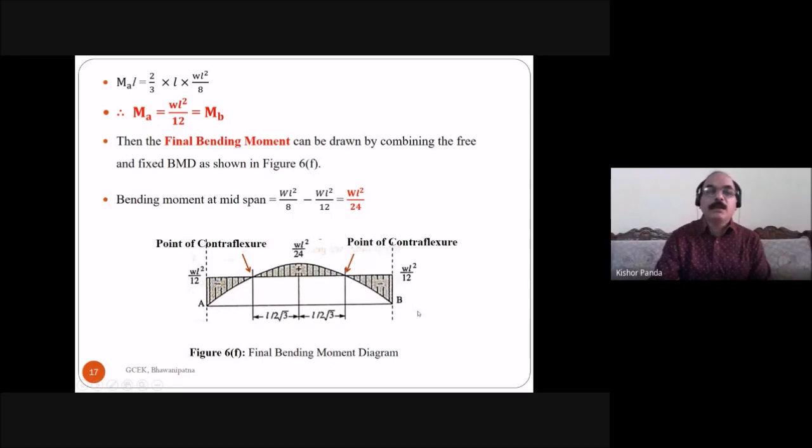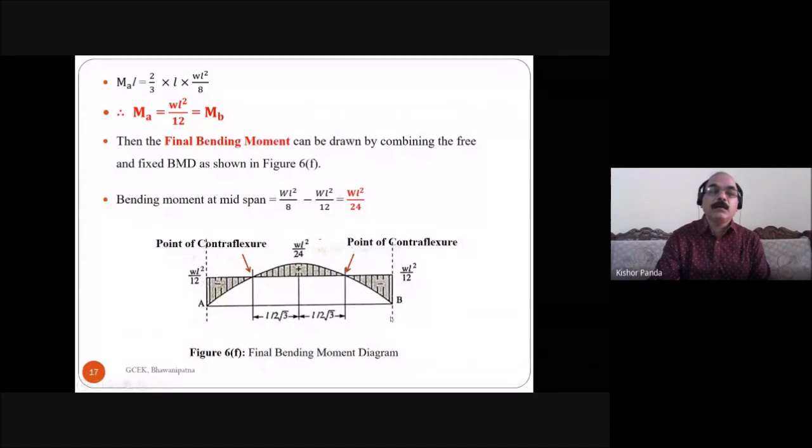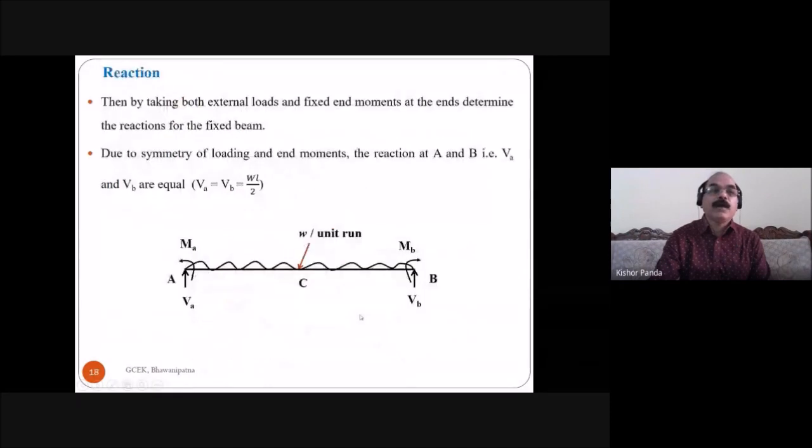Then what do you have to do? By considering the load and the moments, you have to find out the reaction at both ends, because the load is given as W per unit run, and the moments you got are MA equal to WL square by 12 and MB equal to WL square by 12.